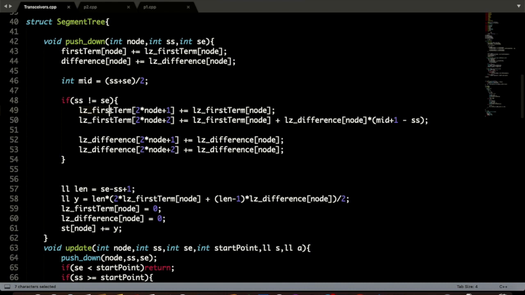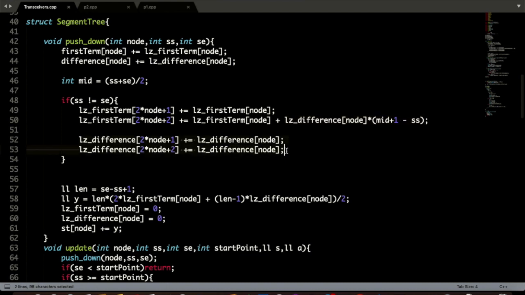For the lazy first term of the left child, you can just keep the first term there. For the lazy first term of the right child, you have to add the lazy difference of your current node times the size of the left child to the first term of your current node for that particular AP.